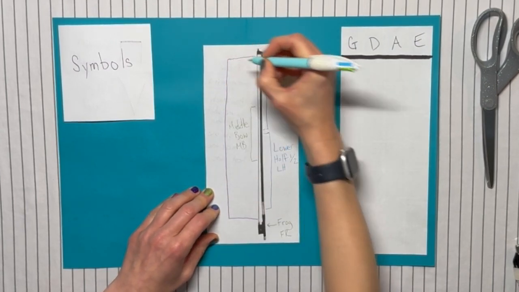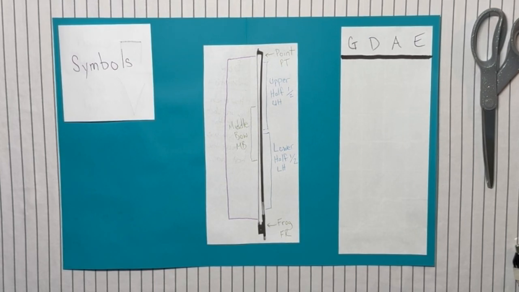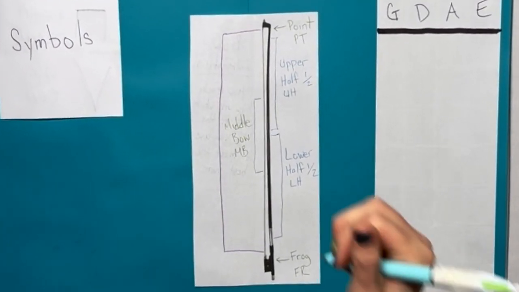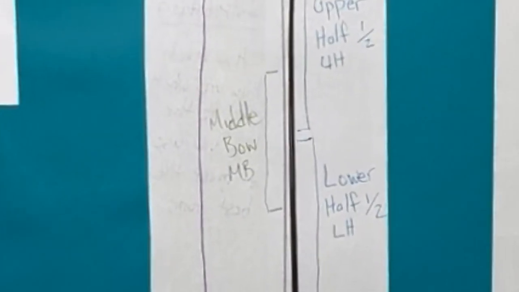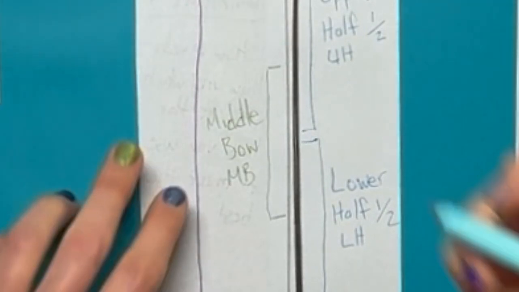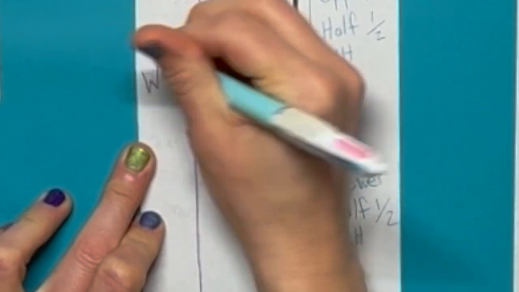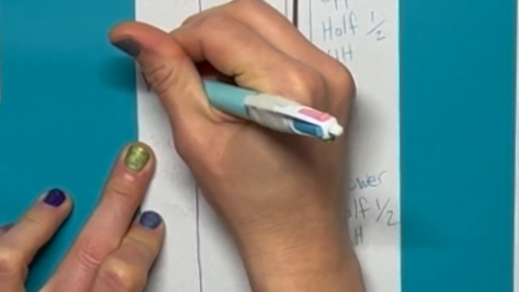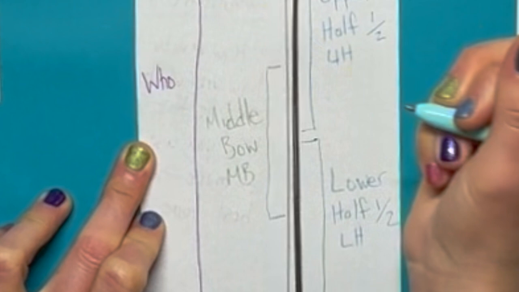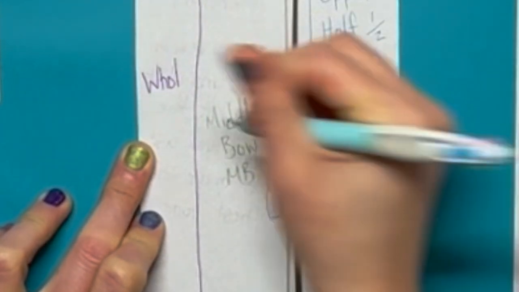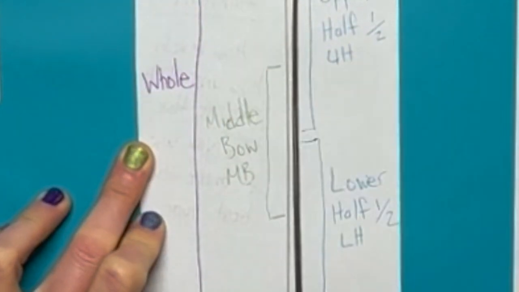Oh my goodness. What on earth could we be labeling? We're going to label the whole bow. So the word whole, when we talk about the whole bow or the entire bow, has another silent letter, so it's spelled a little bit funny. It's spelled like this: W-H-O-L-E, whole.